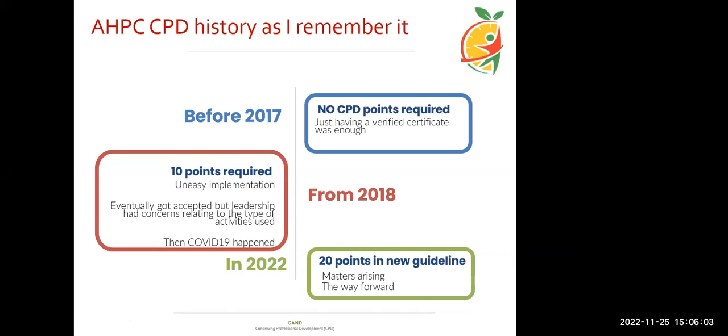But somehow, I will say the board, because that is a decision of the board, insisted that no, it is going through in 2022. So now it became their responsibility to go around the professional bodies and groups to help them understand how to get the 20 points with the new guidelines. And that's where we are now.